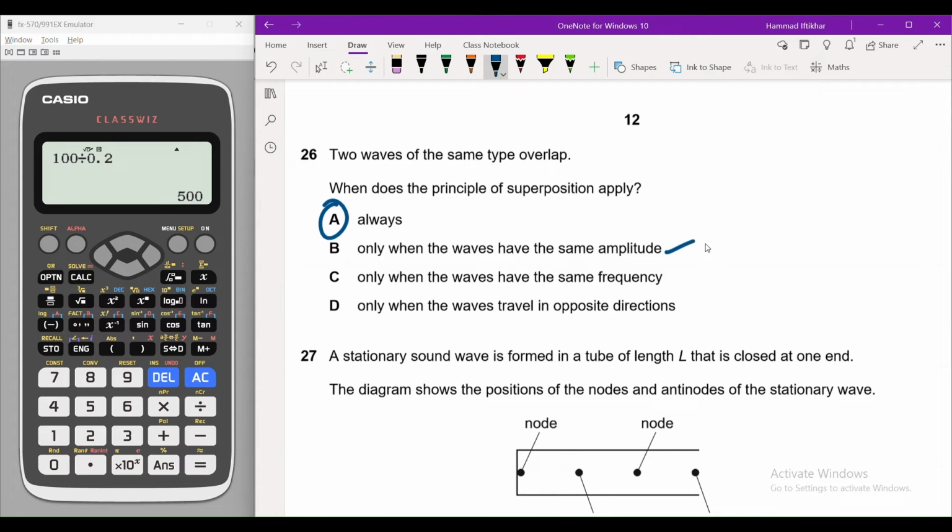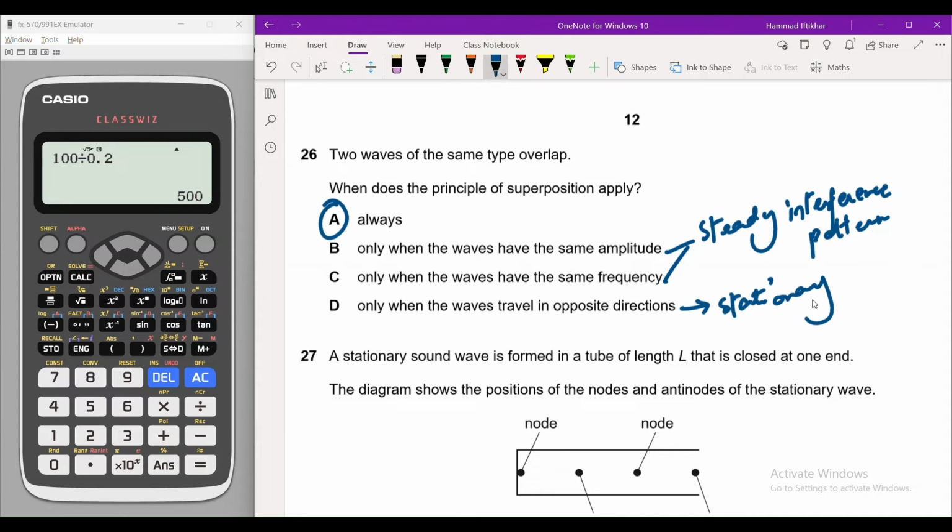Same amplitude we need when we need a steady, or at least observable, interference pattern. Same frequency, we don't actually have that problem. And actually that's for the same reason. Opposite directions, that's one of the conditions for stationary waves, and also for the same frequency.